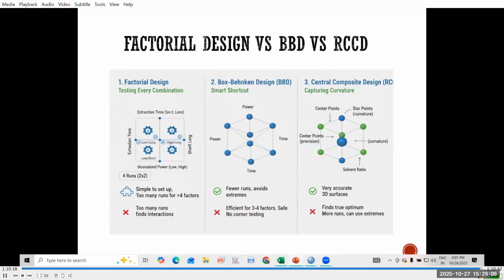As we'll see, these three types of statistical analysis will be easily understood from another statistical software, that is Design Expert software. We will see it now.